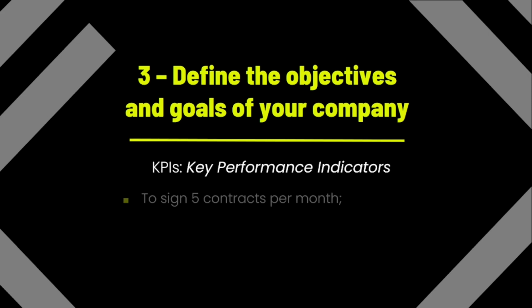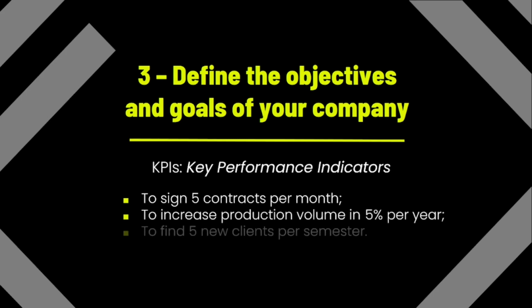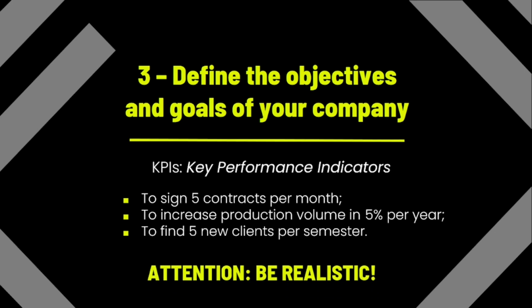Some examples of KPIs: to sign 5 contracts per month, to increase production volume by 5% per year, and to find 5 new clients per semester. One very important point in this third step: your objectives and goals must be realistic. They must be doable.